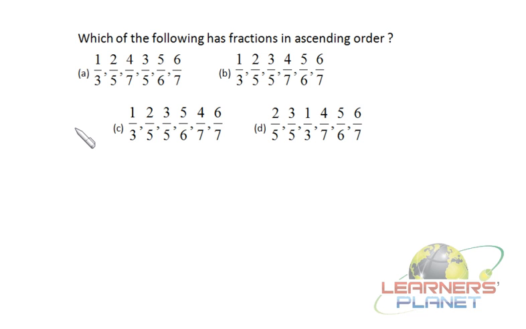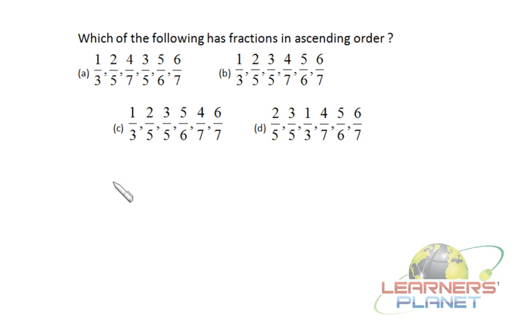Now in this question, which of the following has fractions in ascending order? We have been given 6 fractions and we have to find out in which option the fractions are in ascending order. Friends, we have just discussed a concept that whenever the difference between numerator and denominator is the same, the fraction which has the higher numerator will be higher. Here I would like to discuss one more concept.